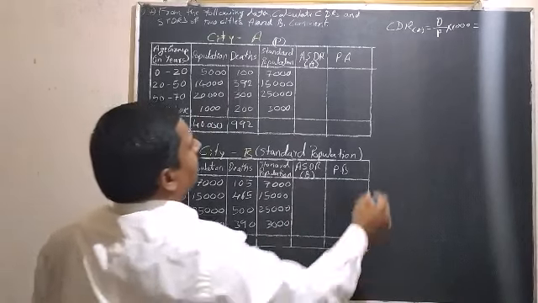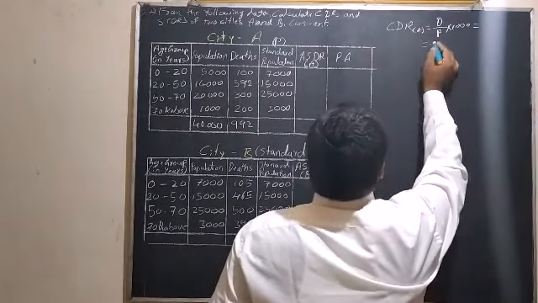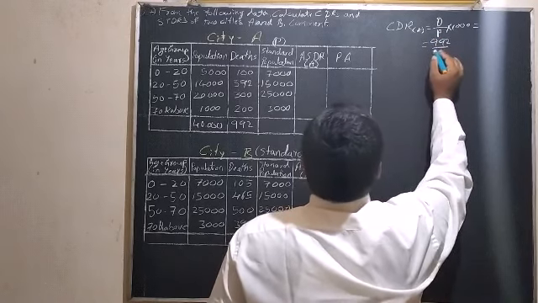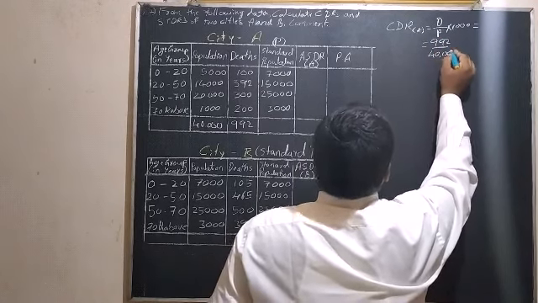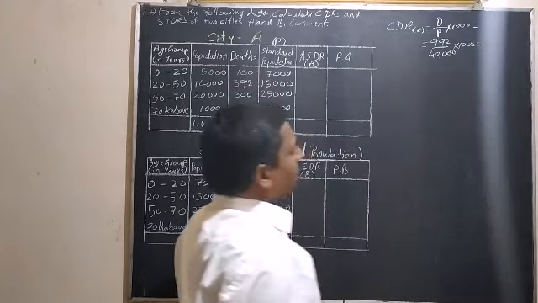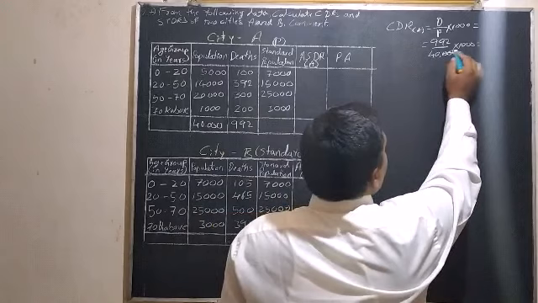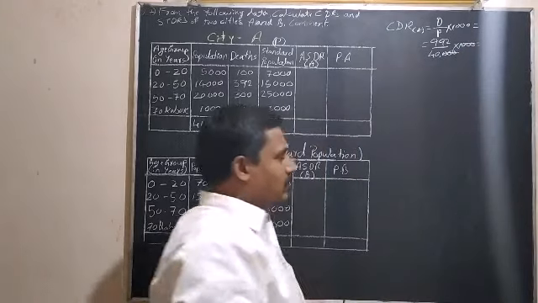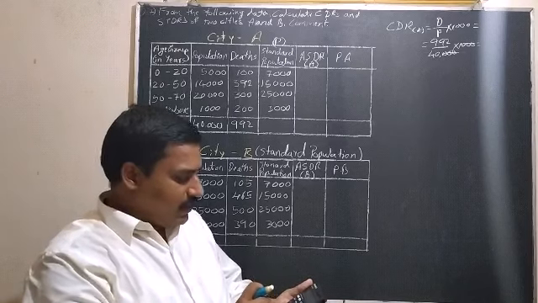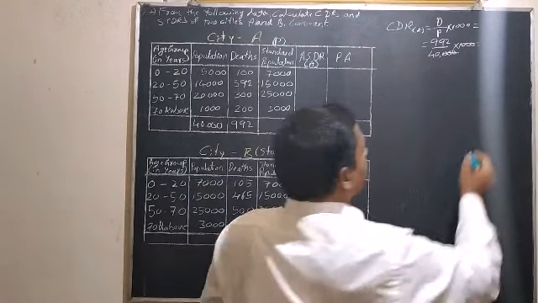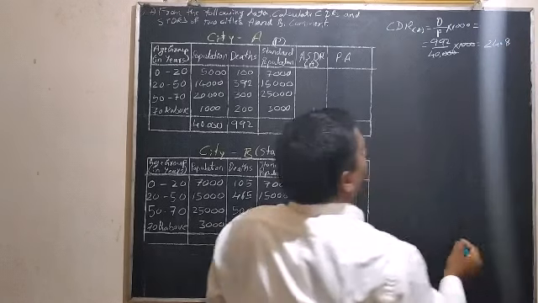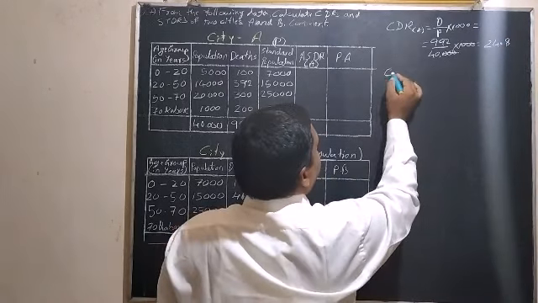So 992 divided by 40,000 into 1000 is equal to, so three zeros will get cancelled, and 992 divided by 40 is equal to 24.8.